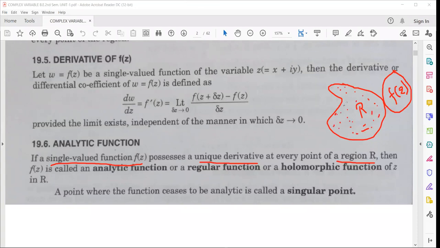Not even a single point you will get within the region R where the derivative of the function f z will not exist.